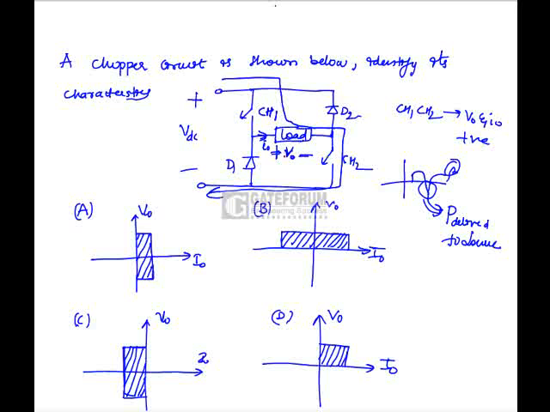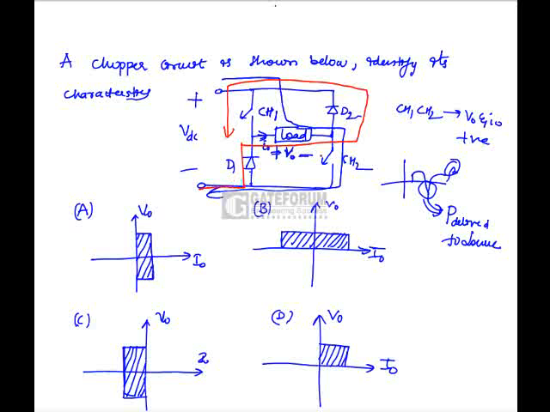When D1 and D2 are conducting, the direction of current will be in this fashion. Since diodes are unidirectional, they allow conduction only in one direction.